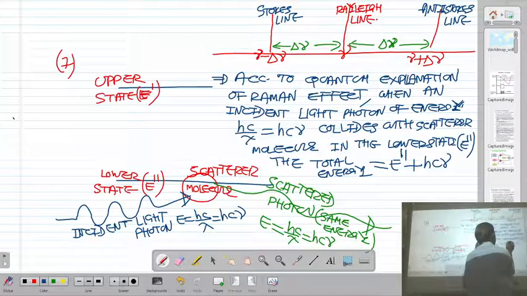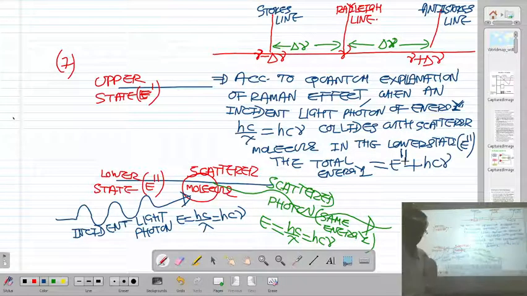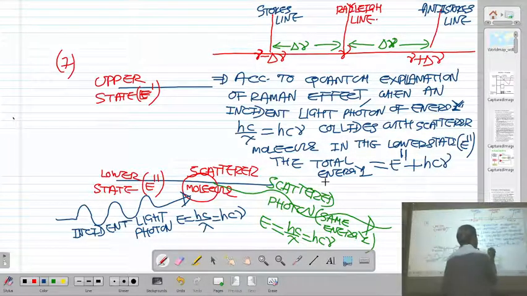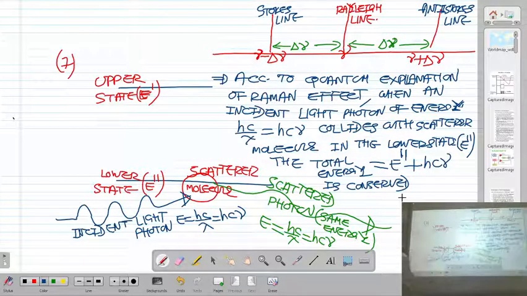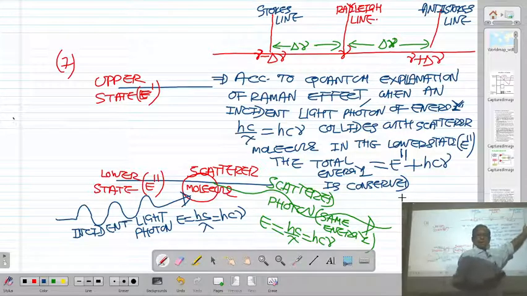So this total energy of the system, E double dash plus hc upon lambda or hc nu, is conserved.